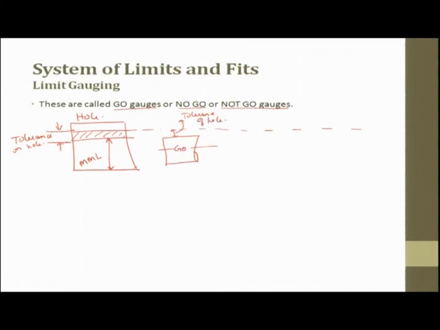This is a go gauge. This is a no go gauge, and this is the lower material limit. So, this is for a metal, limits for hole gauging.